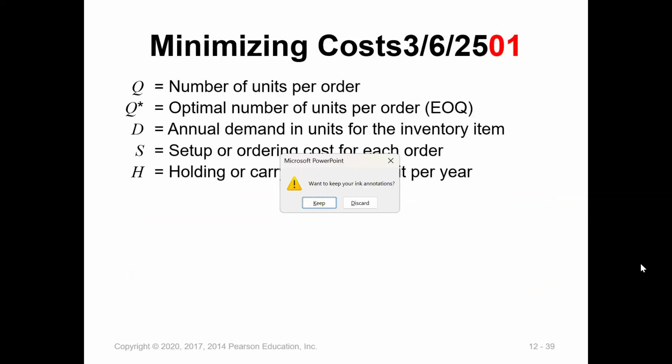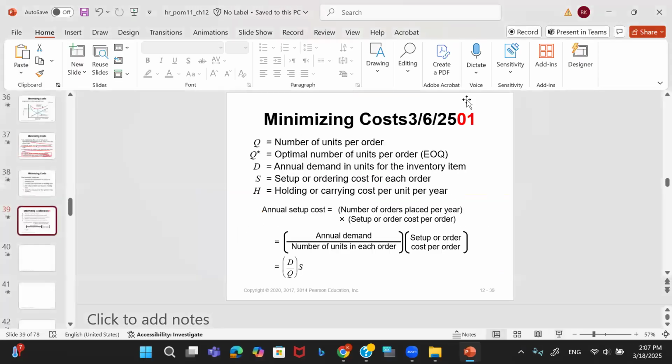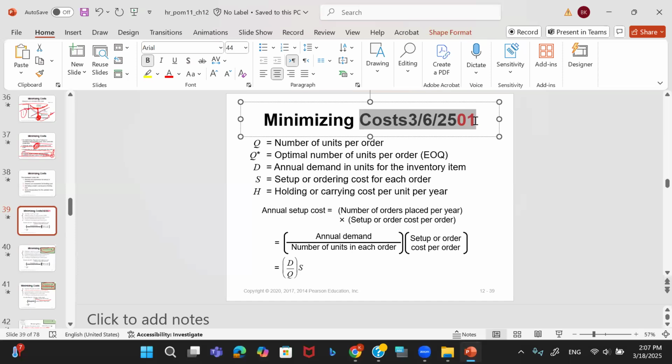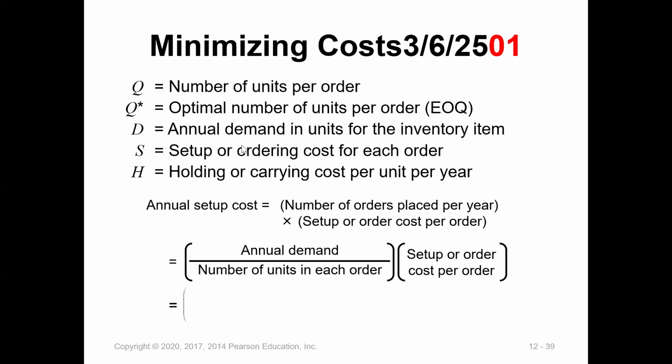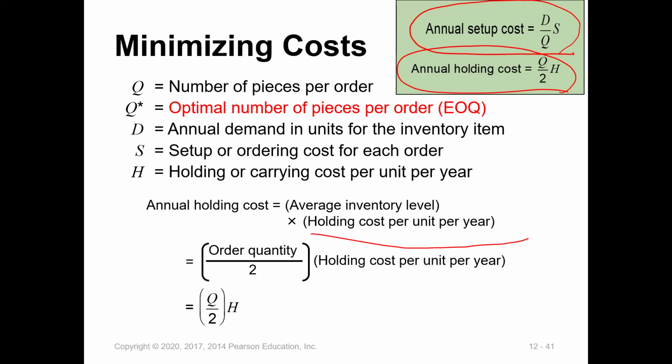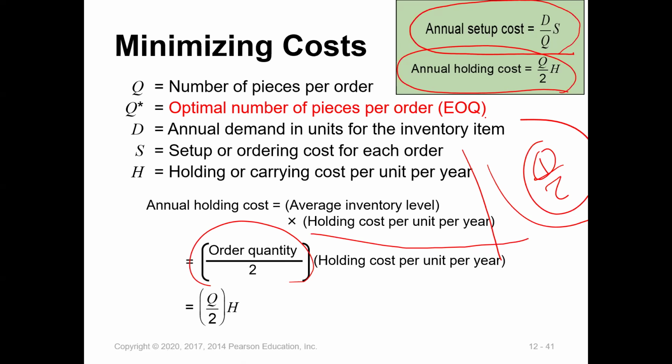I think we covered all that, and then we stopped here. So we said based on that graph, the holding cost is the order quantity times the average. You remember that graph? We said Q over 2 is the average. So if your Q is 100, Q over 2 is 100 over 2, so your average inventory is 50.